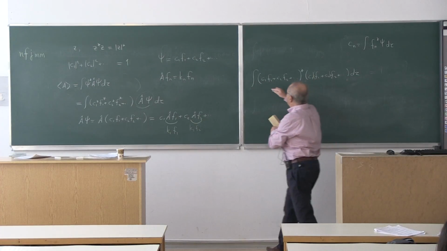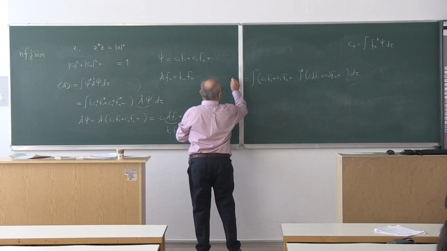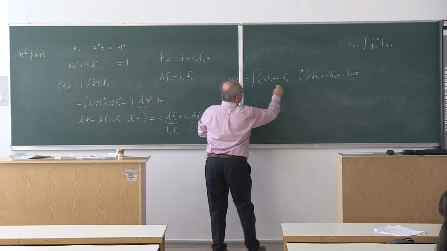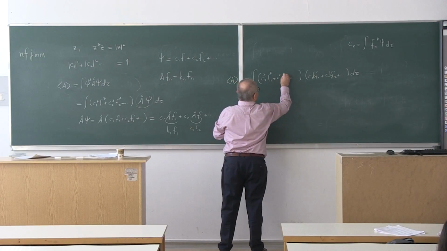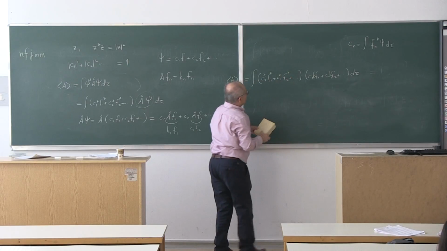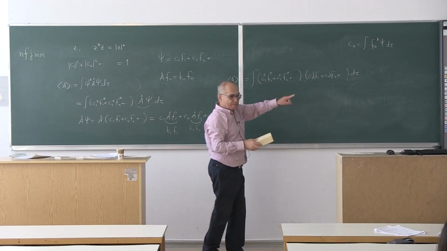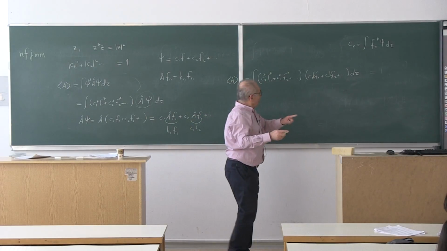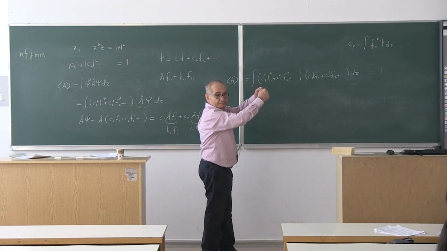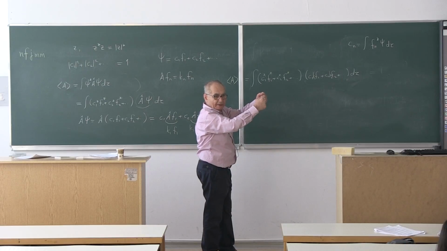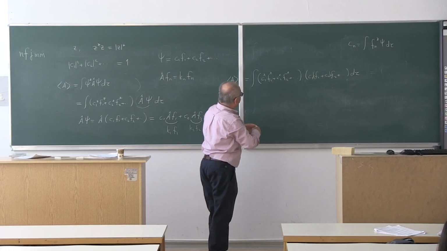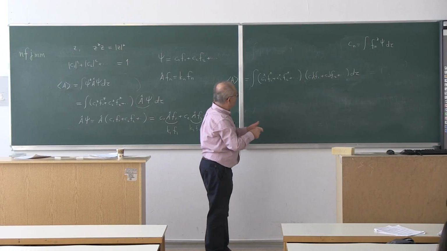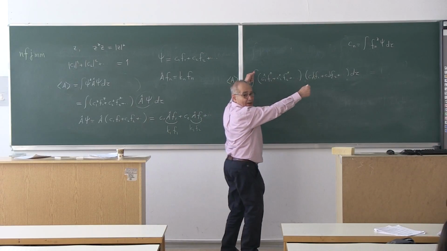Remember, this is the average value. Take the complex conjugate. So it is this integral. Now we expand. In other words, we multiply.